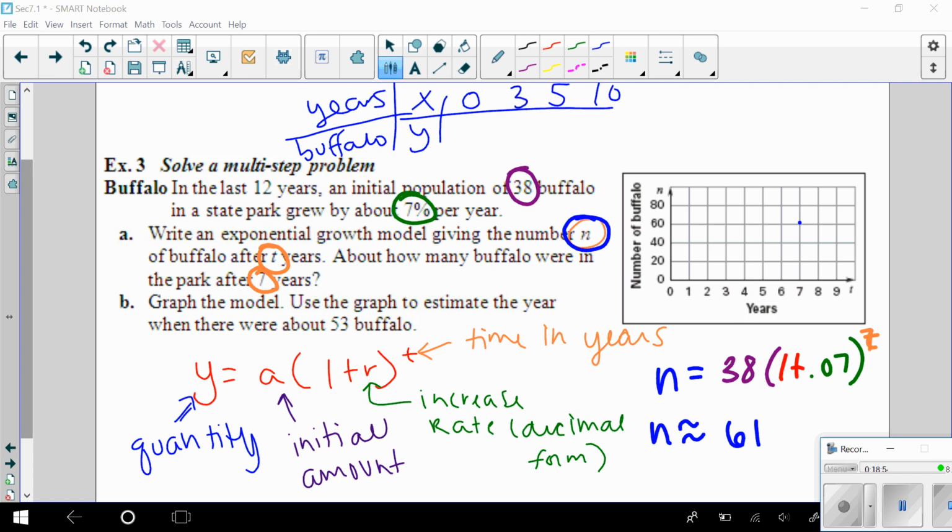So when we first start, we're going to take 1.07 to the 0 power, which is going to be 1. 38 times 1 is 38. So we know that one right away. And now I'm just going to plug these other ones into my calculator. So after 3 years, we have about 46.5.